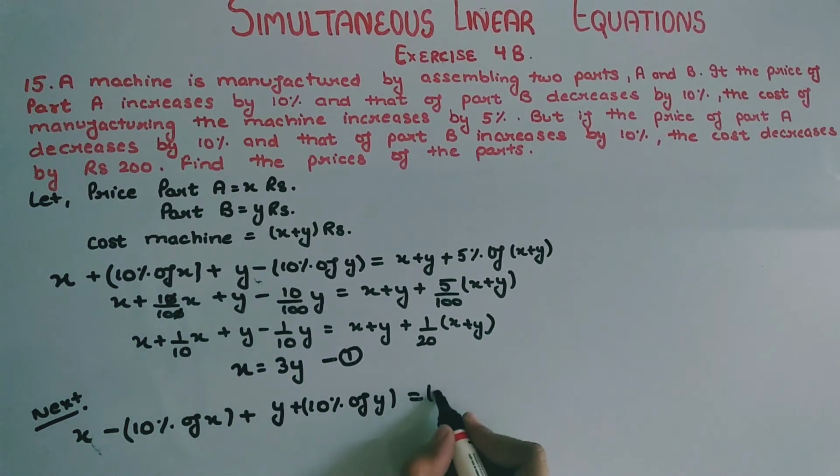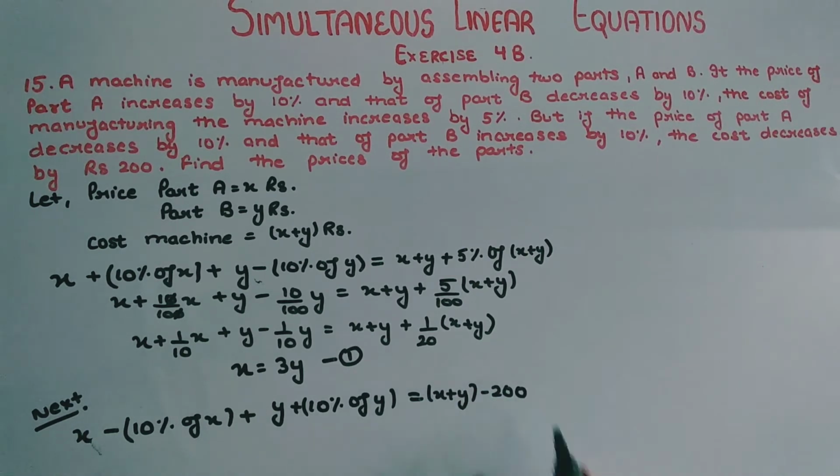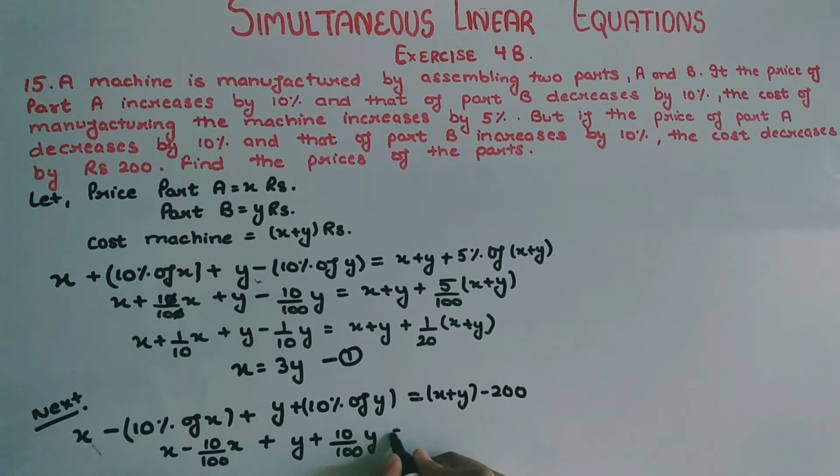Firstly, the cost was X plus Y. Now the cost decreases by rupees 200. We have X minus 10 divided by 100 X plus Y plus 10 divided by 100 Y is equal to X plus Y minus 200. 0 will get cancelled.